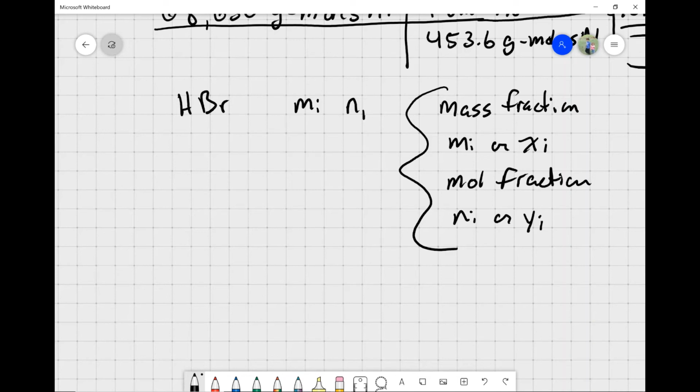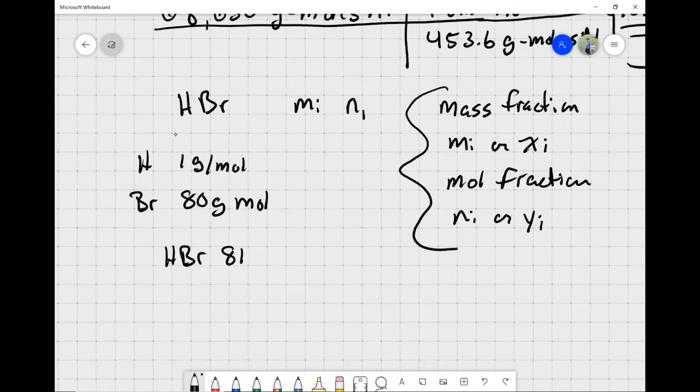So hydrogen bromide, hydrogen is 1 gram per mole, and bromine is 80 grams per mole. And the molecular weight of HBr is 80 grams per mole.